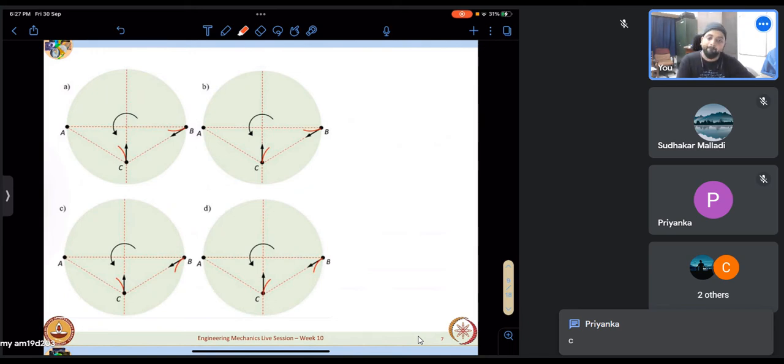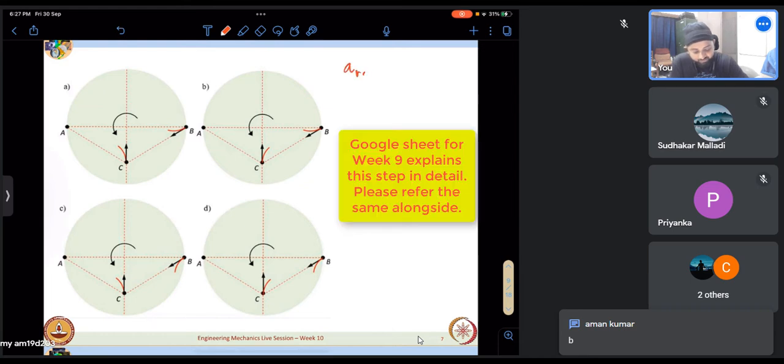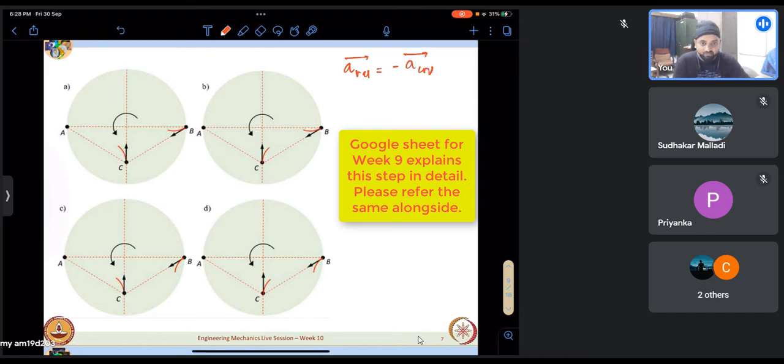So we have one answer. Okay, let me explain. Essentially, what we are saying is when there is no horizontal acceleration, our A relative is nothing but negative of the Coriolis acceleration.